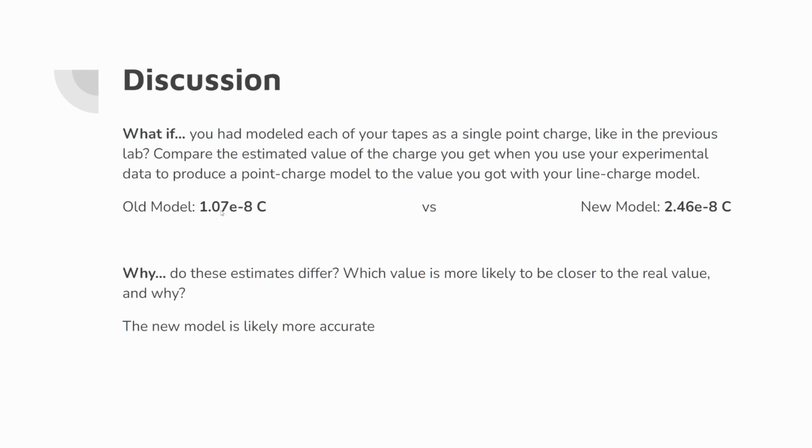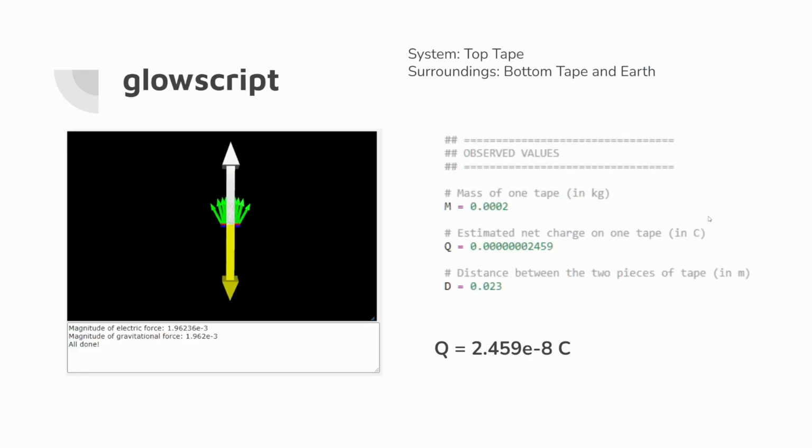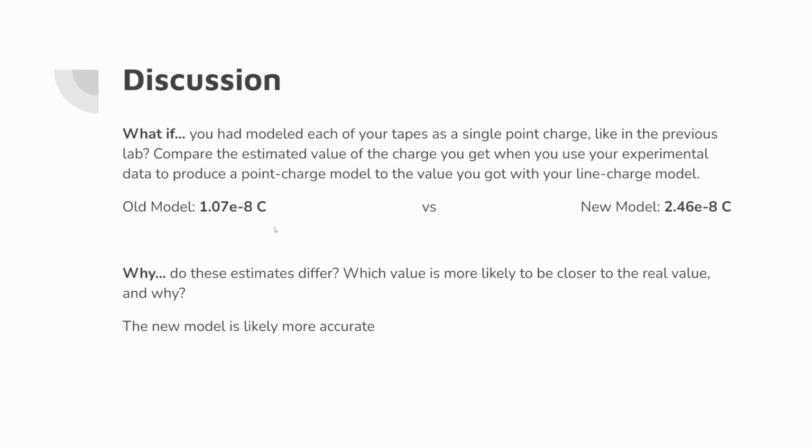Obviously this is a pretty big discrepancy. But the new model is probably more accurate, since it has a line of point charges, which is closer to how it is in real life. So these estimates differ because we're using a line of point charges rather than a single point charge.